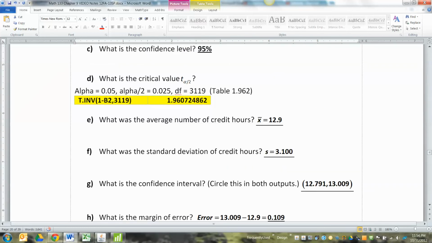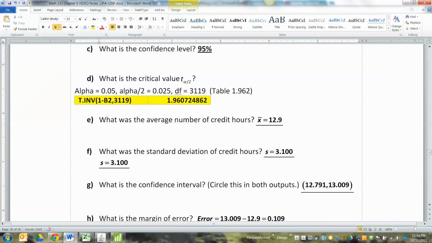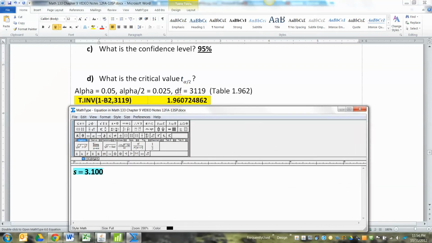Remember that standard error is equal to S over the square root of n, which we know is S over the square root of, what was it, 3120.